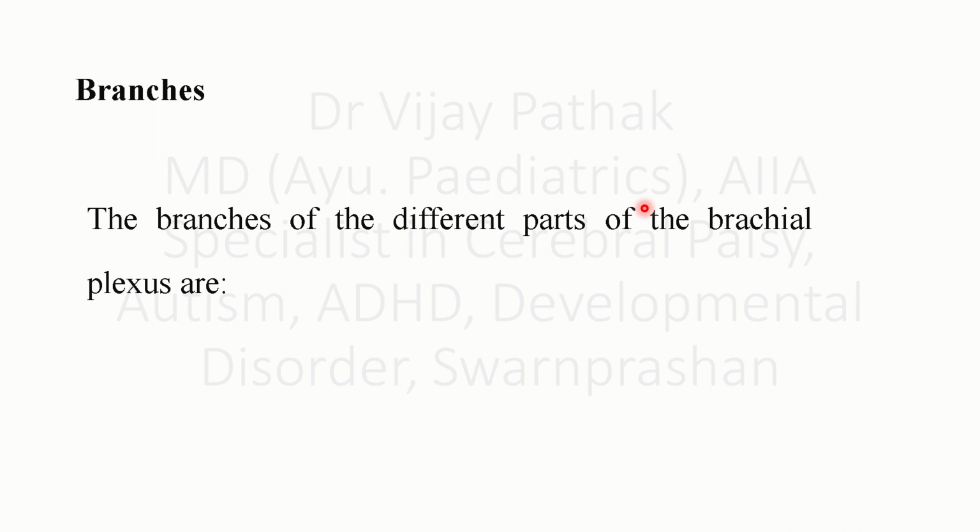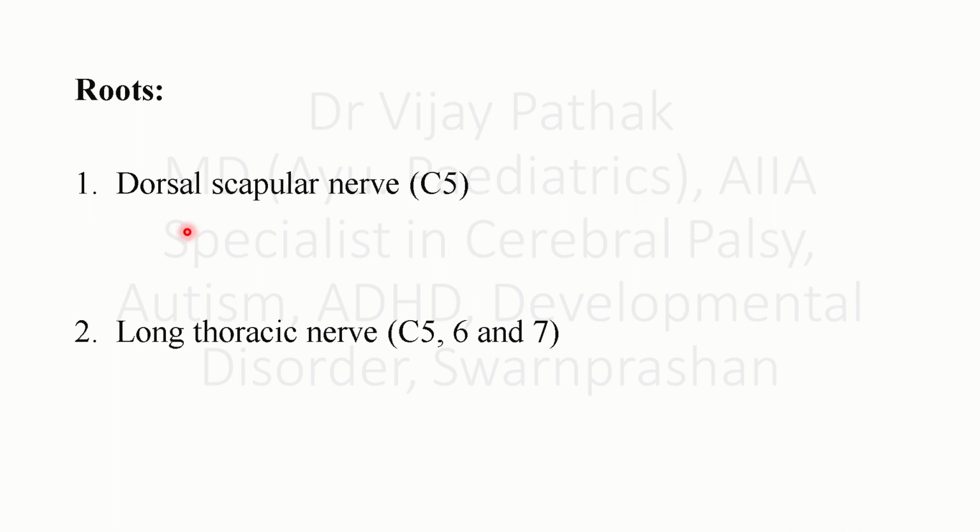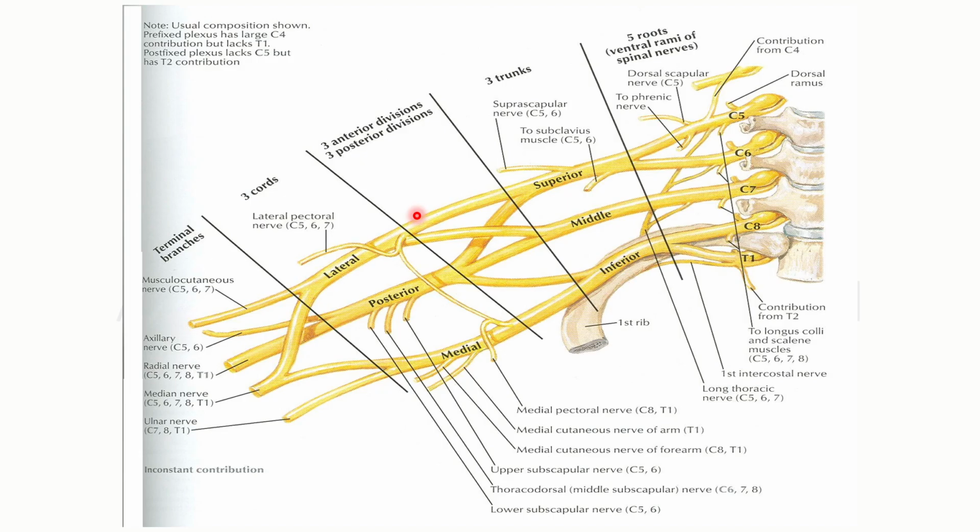Now about the branches of the brachial plexus. What are the branches of the brachial plexus from the root? Some branches originate from the root. One is the dorsal scapular nerve. This is the dorsal scapular nerve, which originates directly from root C5, only C5.